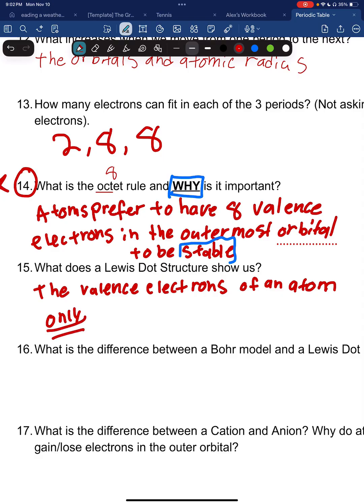Okay, I double underlined only, because that's what is most important as of right now, especially in our next unit about our chemical reactions here, okay? So if you draw, let's say, fluorine, which is element number 9, but it's in group 7, fluorine is F. Since it's in group 7, it's going to have 7 valence electrons that look something like this. Okay, this here is a Lewis dot structure.